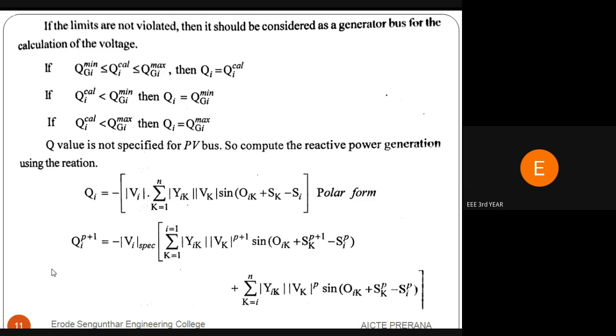This can be rearranged as Q_i^(p+1) equal to minus |V_i| times [summation of k equal to 1 to i−1 of |Y_ik| |V_k^(p+1)| sin(θ_ik + δ_k^(p+1) − δ_i^p) plus summation of k equal to i to N of |Y_ik| |V_k^p| sin(θ_ik + δ_k^p − δ_i^p)].